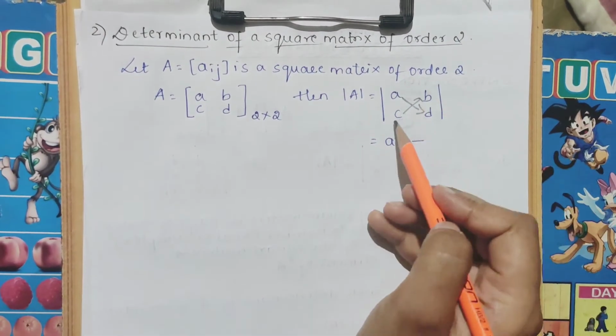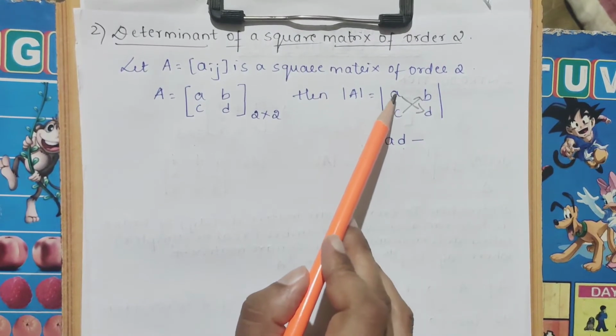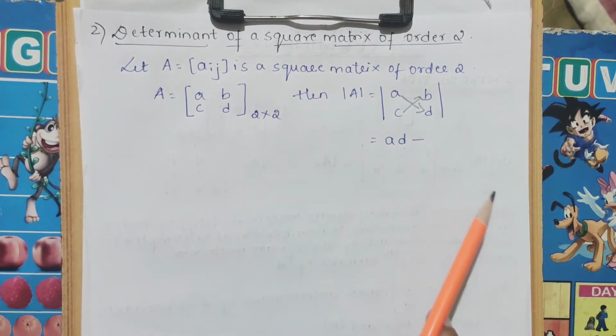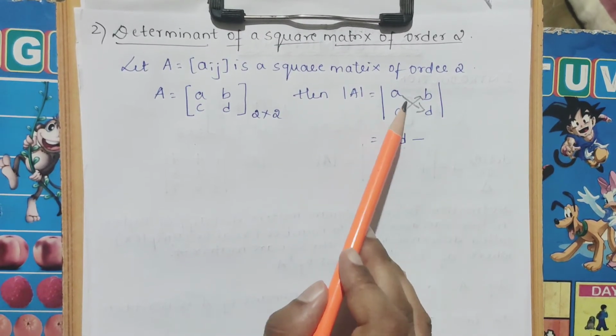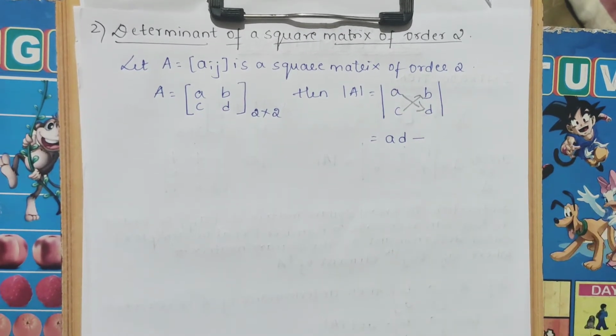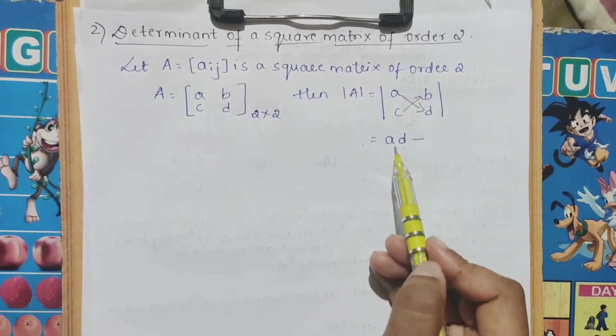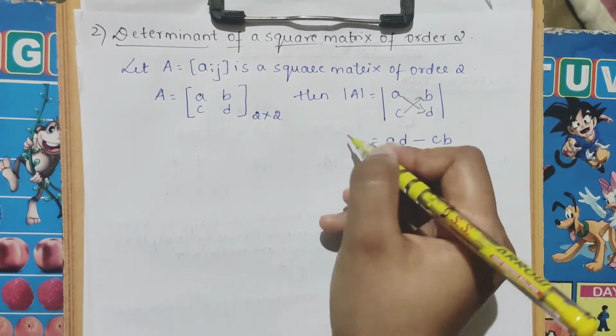As I have said, for the diagonal elements you just have to consider this part; whenever in a matrix or determinant, consider this side as your diagonal elements, and the other will be your off diagonal elements. So it will be ad minus c into b. This is your determinant of A.